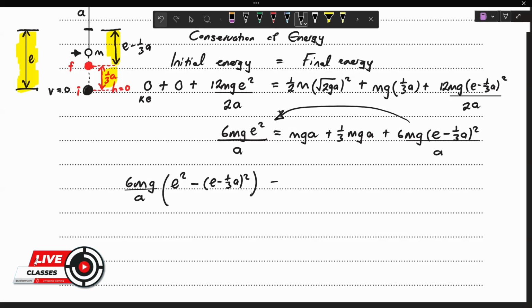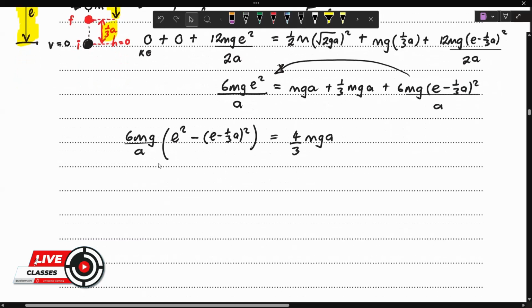And that's equal to, adding these two gives us 4 over 3 mga basically. Already I can see that we can divide both sides by mg.